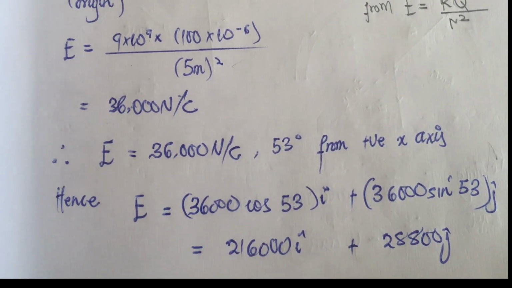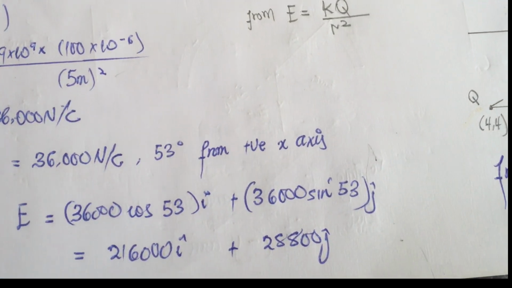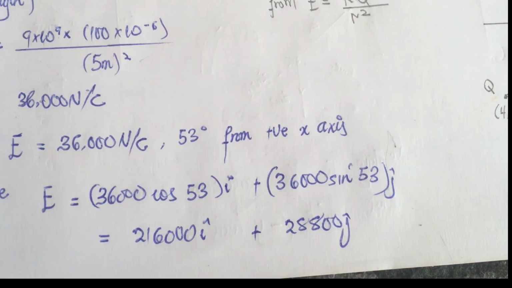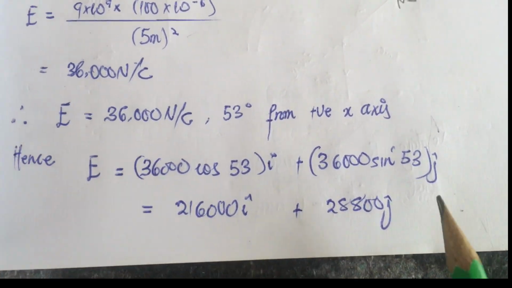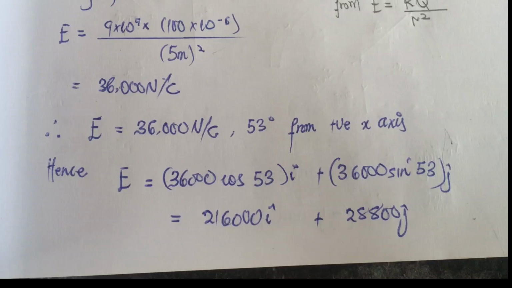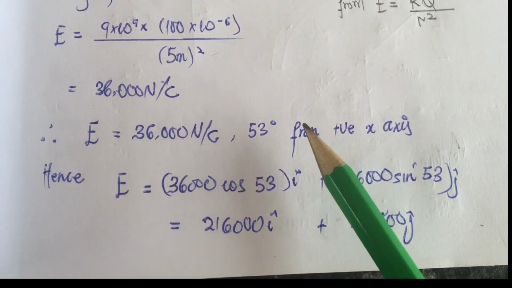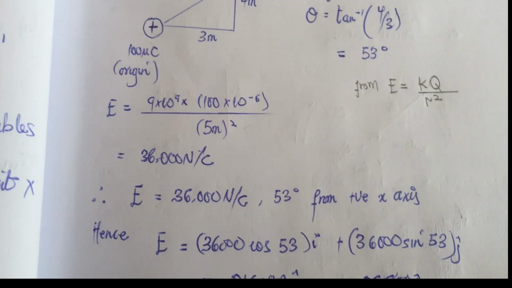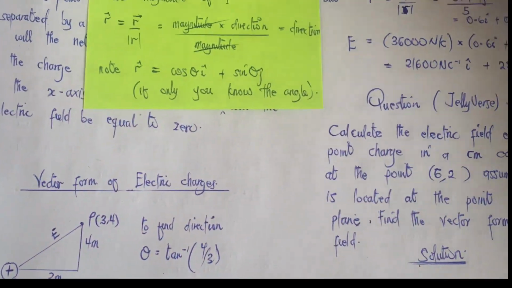And to find the y component, you multiply by sine 53, giving us the components in the form i and j. This is the long way of finding the vector form of an electric field. But let's consider another alternative.